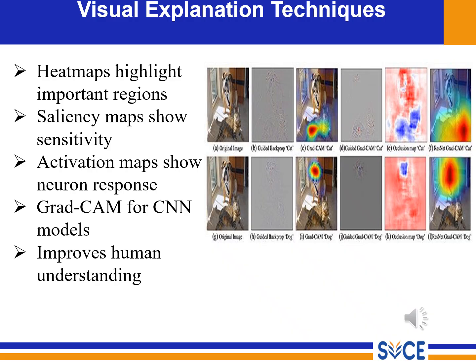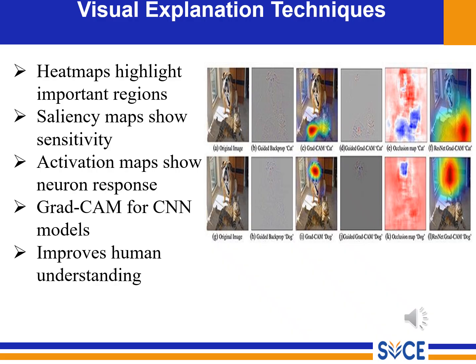So visualization techniques. Visualization is a critical part of explainability. Let's look at how we visualize AI decisions. So heat maps and activation maps, right? Heat maps highlight the important regions in an image or data.